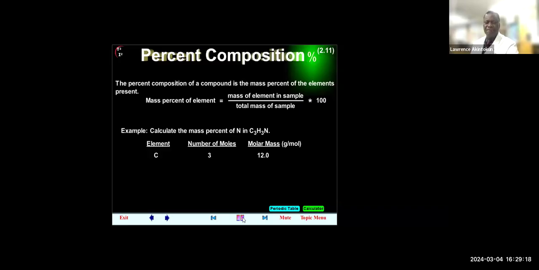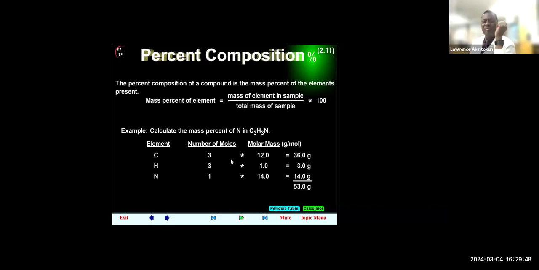Molar mass 12.0. 36.0 grams. Element H. Number of moles 3. Molar mass 1.0. 3.0 grams. Element N. Number of moles 1. Molar mass 14.0. 14.0 grams. Equals 53.0 grams.